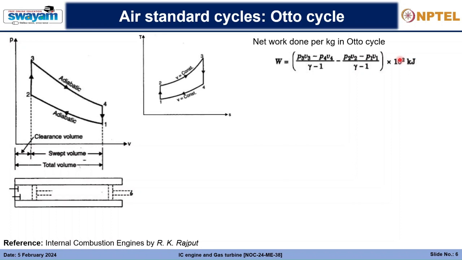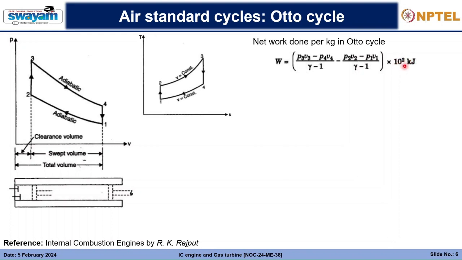So suppose P3, P2, P1, P4 are all in bar. Then we know the relation is 10 to the power 5 Pascal, right? 1 bar equals 10 to the power 5 Pascal. So that's where the 10 to the power 2 into kilojoule, so 10 to the power 3, so 10 to the power 5 together is coming from.